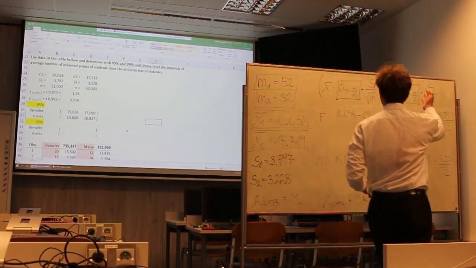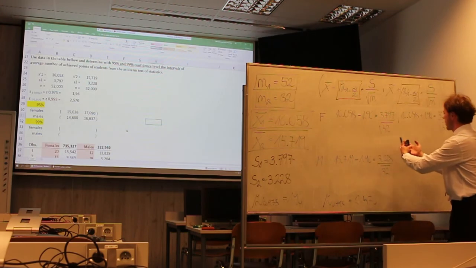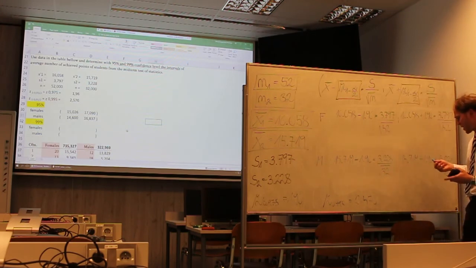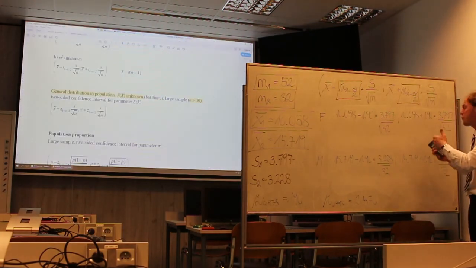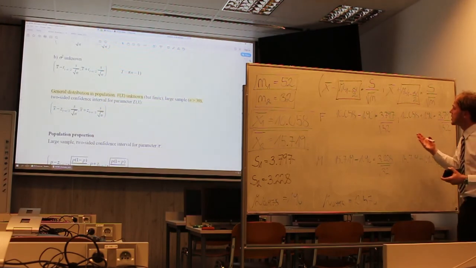From the whiteboard, I deleted the results, and you can see that there is only one difference. If you want to change the confidence level, it is the quantile.